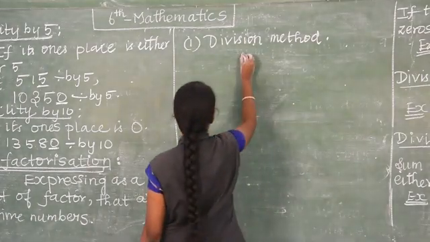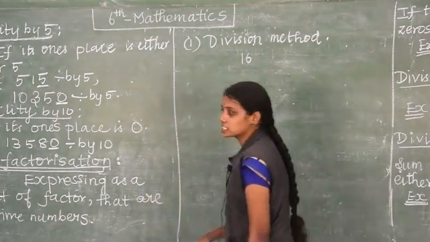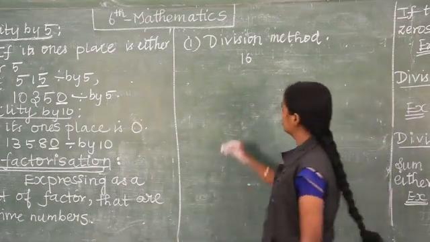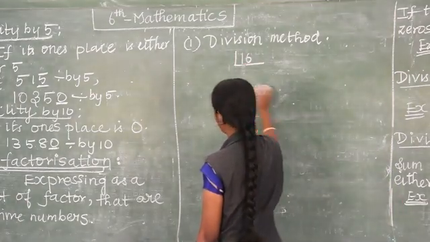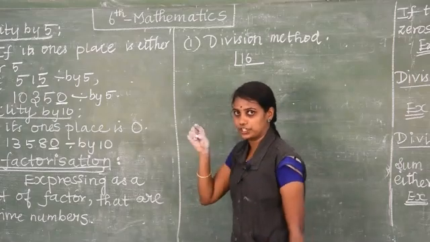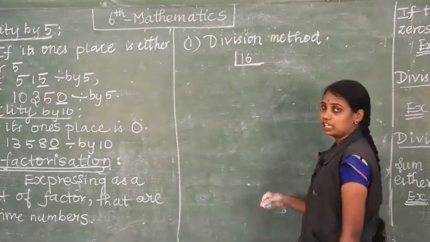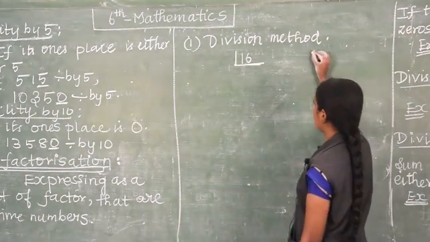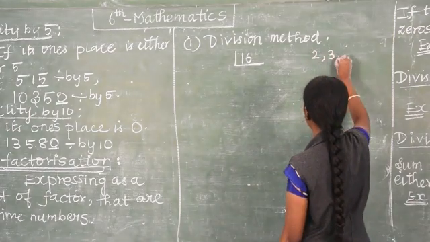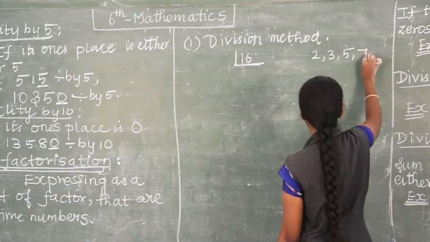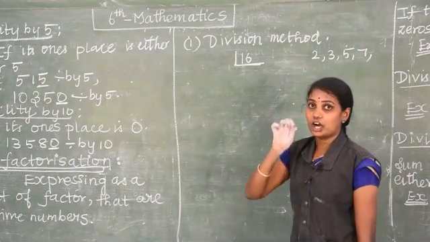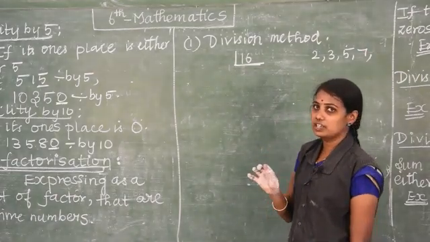So I am taking the example number 16. I am going to divide. The division will be like this, L method. So divide by prime numbers. Remember once again, prime numbers start from 2, 3, 5, 7. Only say the odd numbers, don't go for the even numbers.